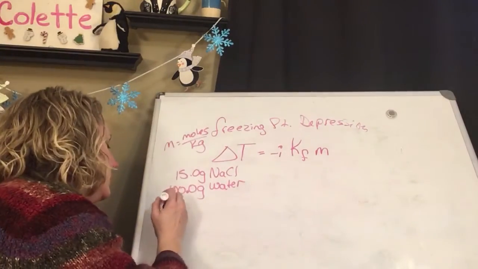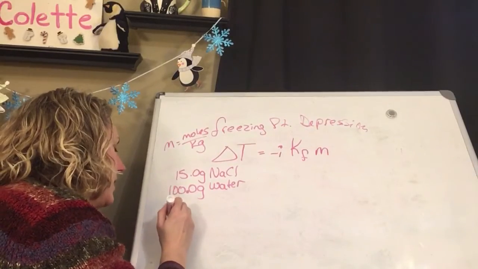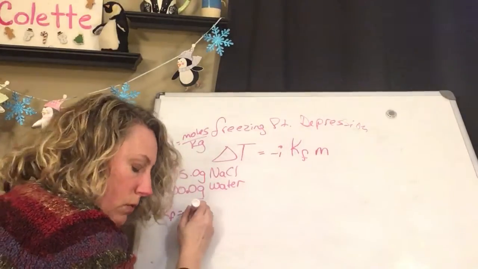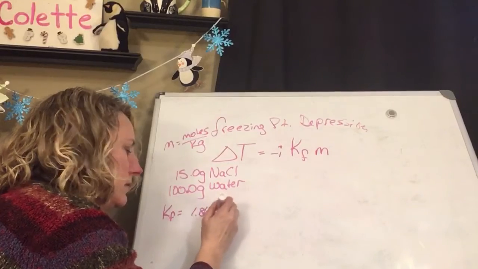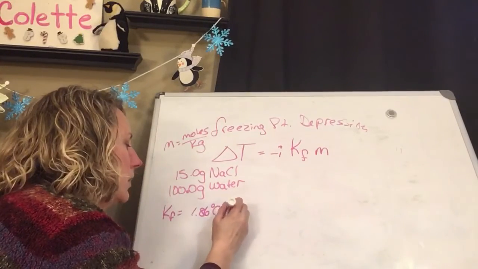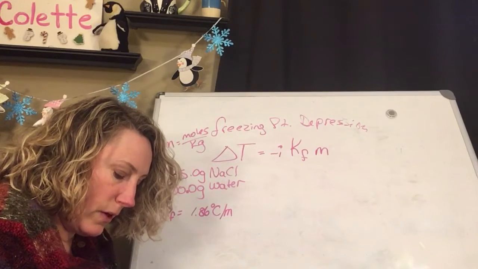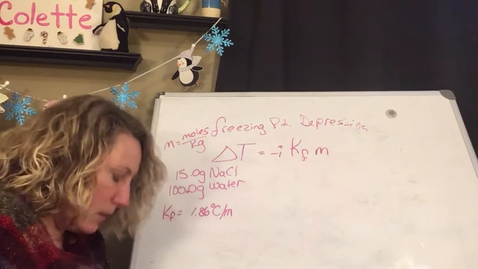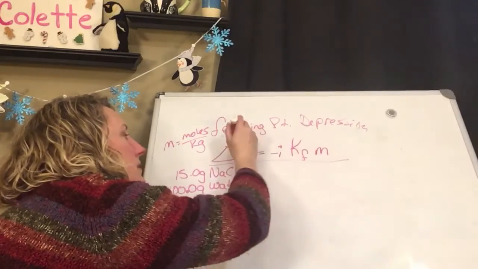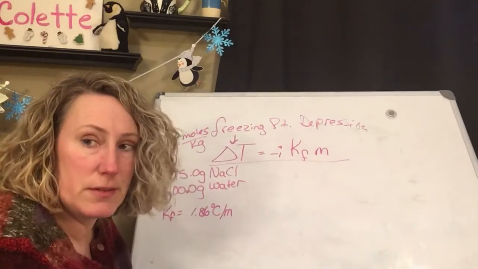So they're going to tell you that your K sub F is 1.86 degrees C per molal. So we need to put it into this form, and that's going to tell you the amount that it changes, okay?